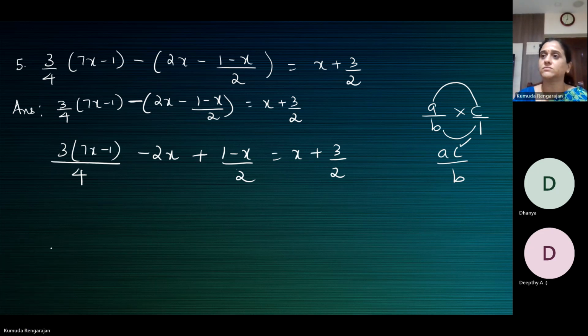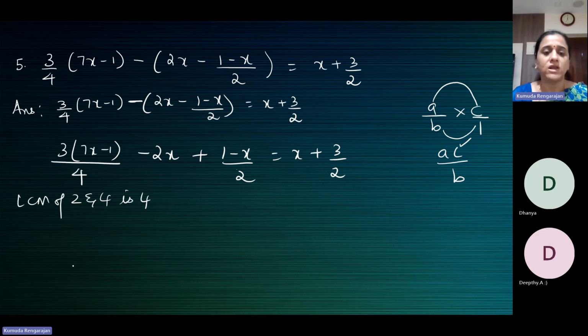All right. Okay. So now what's the LCM of all the terms in the denominator? LCM of 2 and 4 is 4. Now multiply every term with 4. So it will be 4 into 3 into 7x minus 1 by 4, correct?